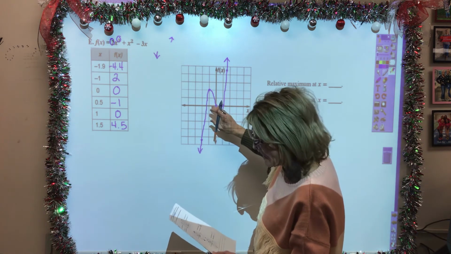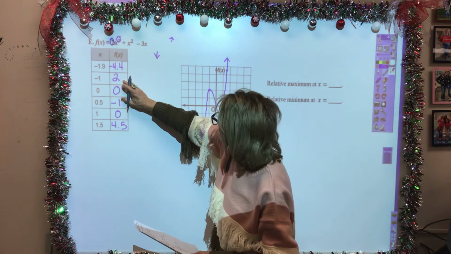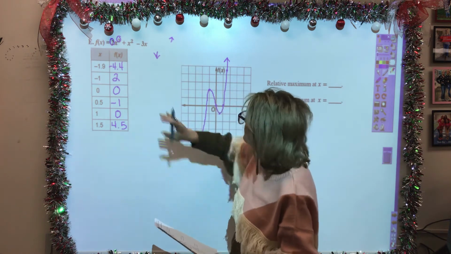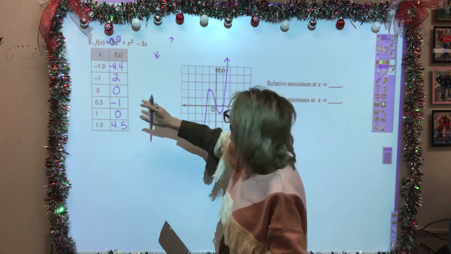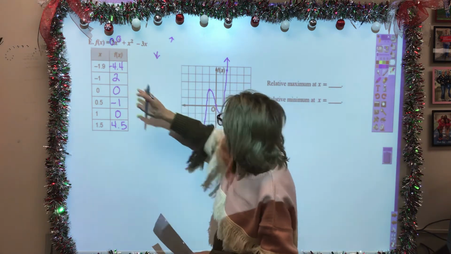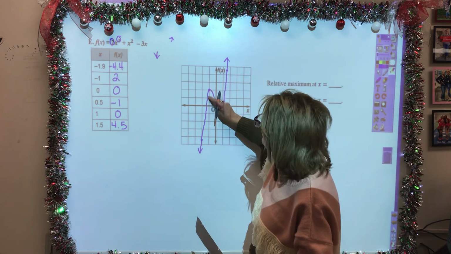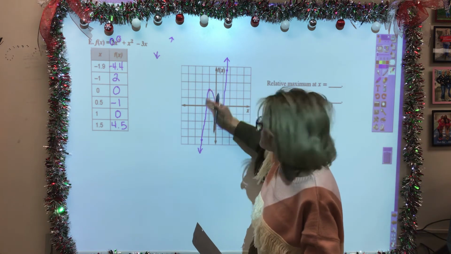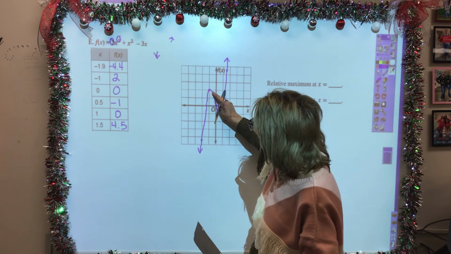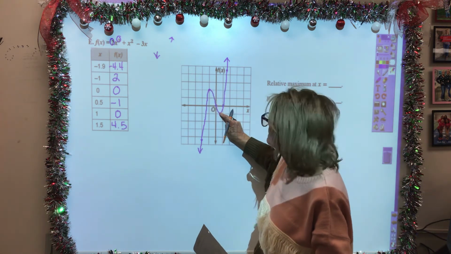I failed to plot this point right here. No, oh no, I didn't. I'm sorry. I'm getting myself confused. I did plot this point. This is the highest point that the graph reaches where it has an inflection point. Okay, so when it changes directions, you could call it a peak and a valley if you wanted to.